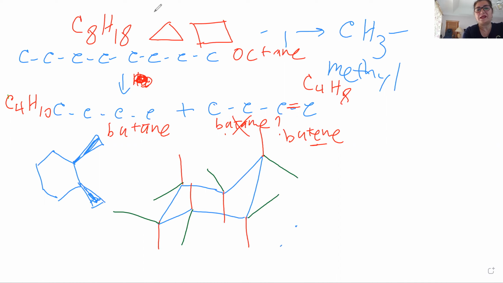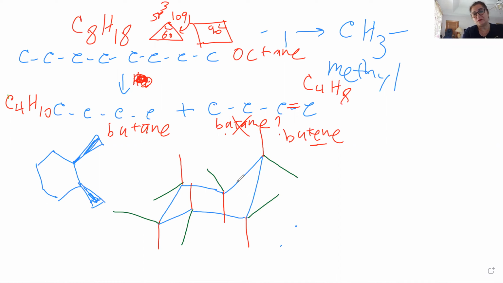With sp3 hybrid carbon, because there is no double bond, the angle is expected to be 109, but you are forcing that to 60. Forcing 109 degrees to 60 degrees causes angle strain, so it makes the molecule very unstable. Same thing here, reducing from 109 to 90 degrees is very unstable.